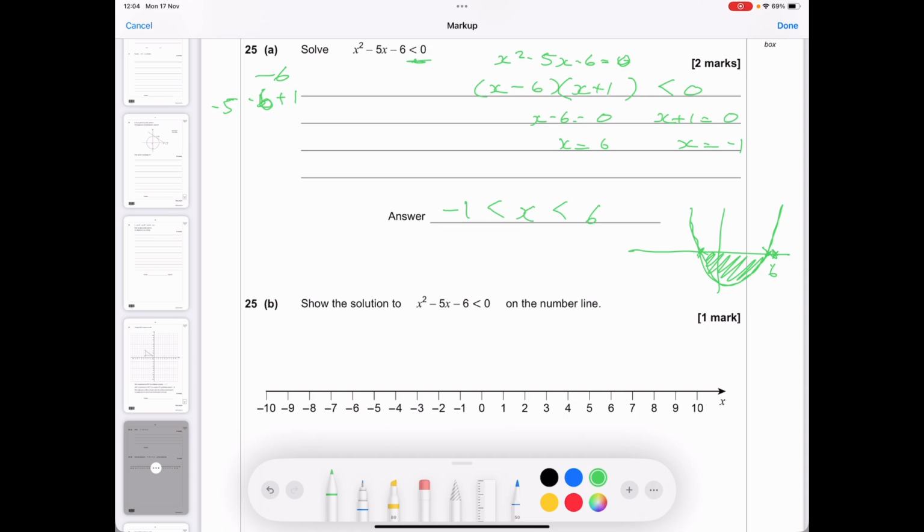So when you draw that map, that's what you're trying to do. And if we're going to do that on a number line, we get it's between this one and that one. Personally, I find it easier to do it on an actual quadratic, though.